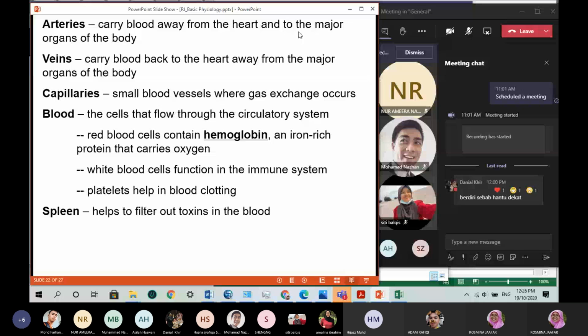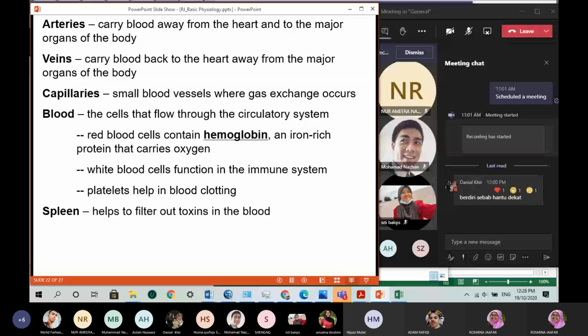And the veins are actually the blood vessels that carry the blood back to the heart. And normally veins are less muscular. They can extend. And the veins actually contain blood that is less oxygenated, or the deoxygenated blood.